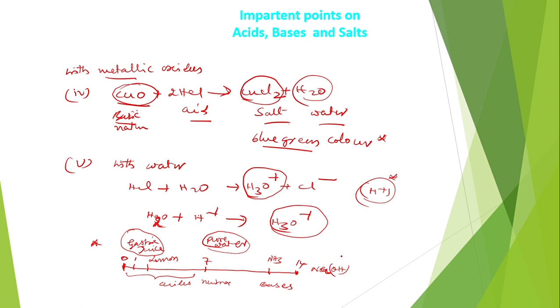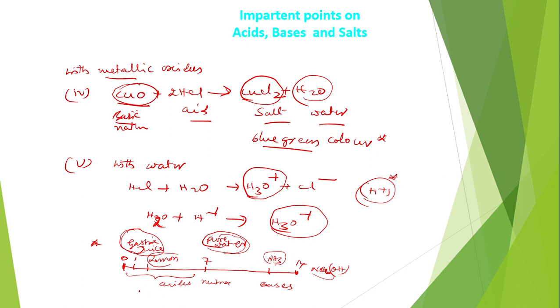It is sodium hydroxide solution. Okay, they may ask mainly this part, gastric juice or lemon or pure water. In a few cases they may ask sodium hydroxide and ammonia.